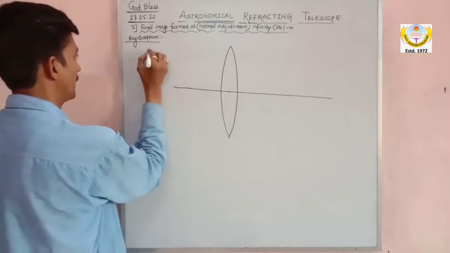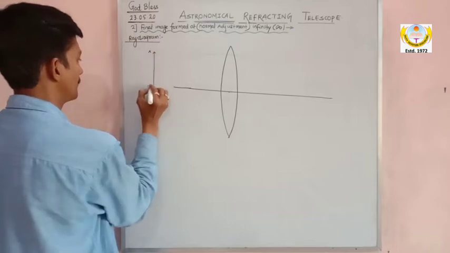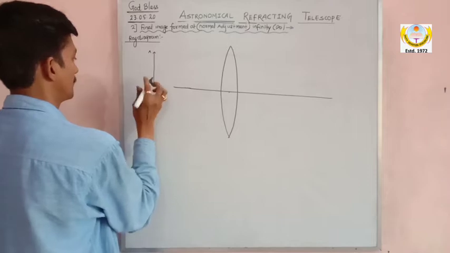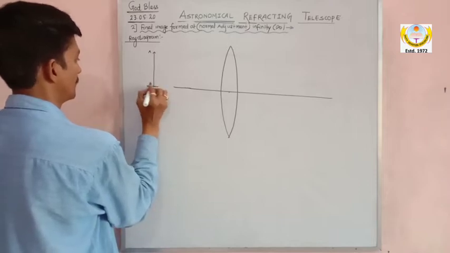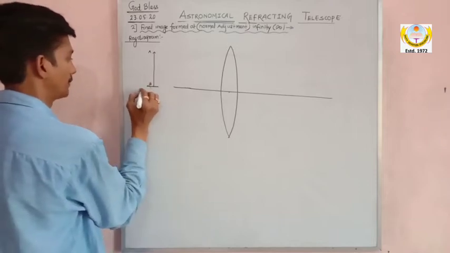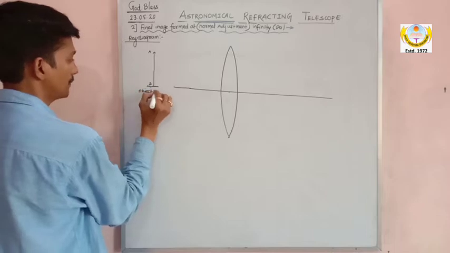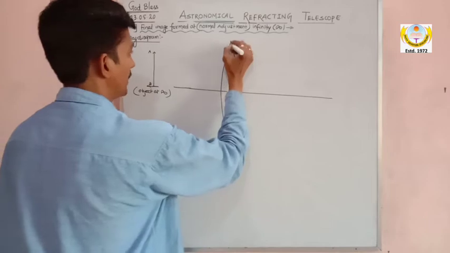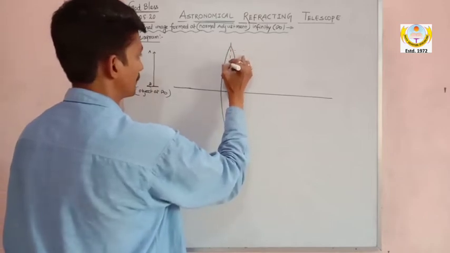Here you can write AB. That is, object at infinity. And my dear, here is the optic axis.